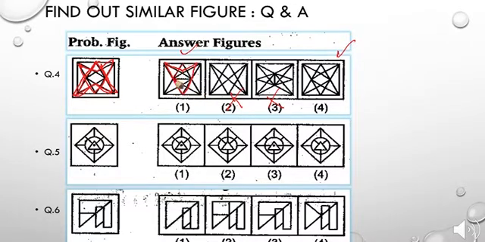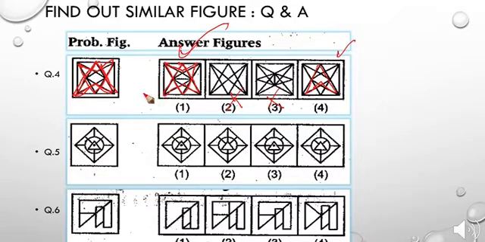It is starting from here, here, going here, and then here. This star is there. Let's check in option 4 now, because options 2 and 3 we already rejected. In option 4, this star is there. So now we can't find any difference.